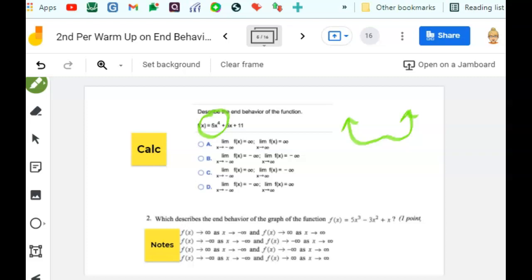So even though this is in limit notation, it's the f of x. Yep, somebody can put a big check there for us. And then this one is an odd power with a positive exponent.